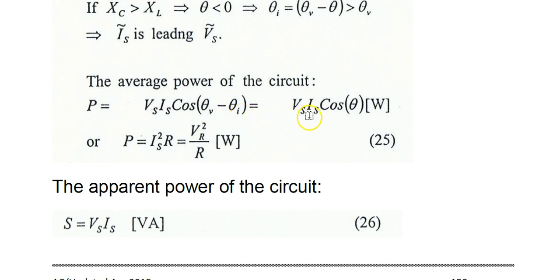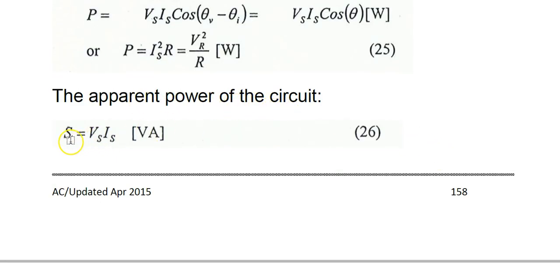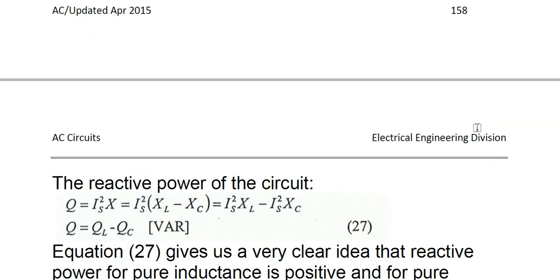In other words, the phase angle difference between the voltage and the current supply. Expanding that further and substituting using Ohm's law, we get that P equals I squared R, or V squared over R. Similarly, the apparent power of the circuit is just S equals Vs times Is. In other words, the maximum amount of power that is available for us to use.